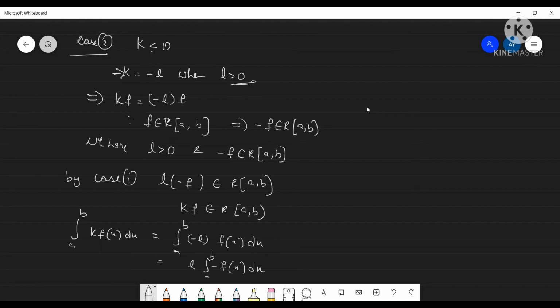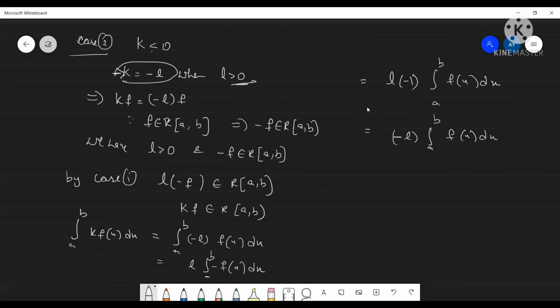Write this as L into minus 1, sending the minus also outside, integral a to b f of x dx. So this will be equal to minus L into integral a to b f of x dx. Now substitute what we took at the start, k, so k into integral a to b f of x dx. That is what we wanted, and that is what we proved.